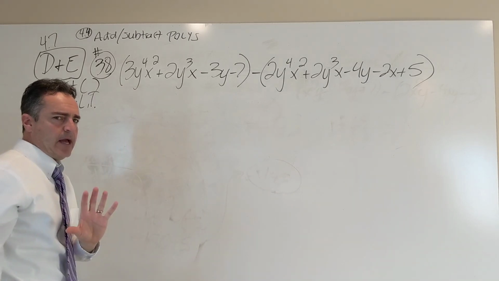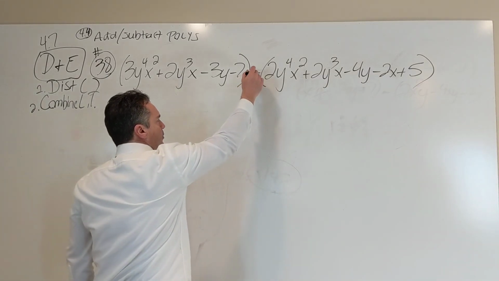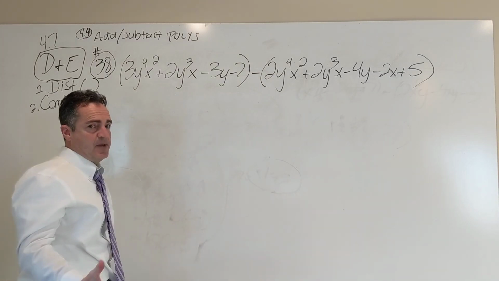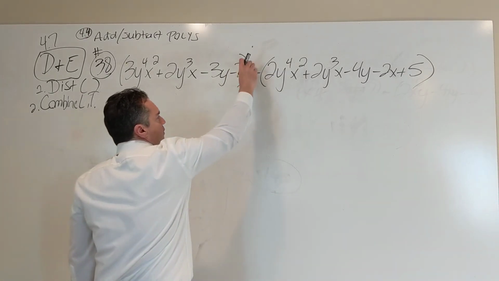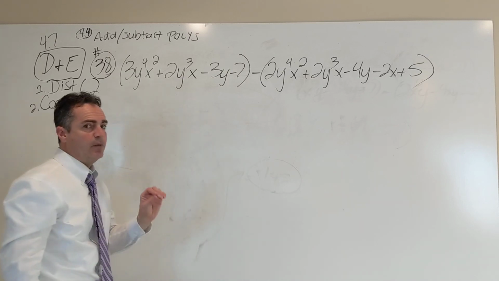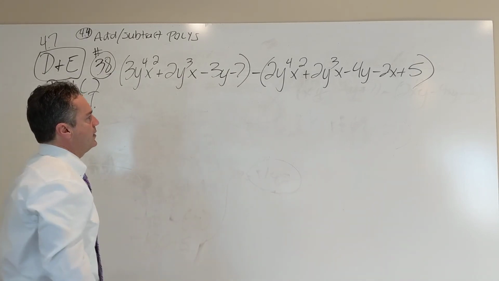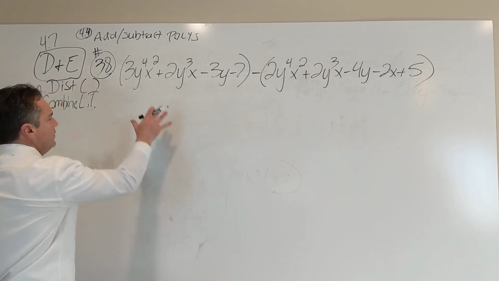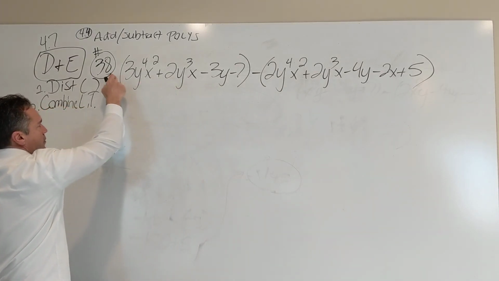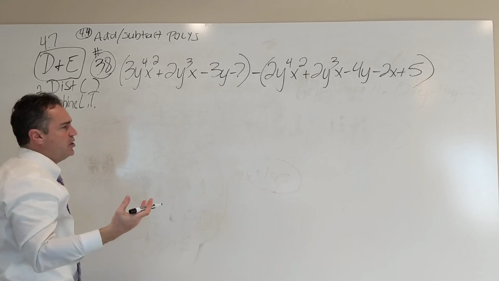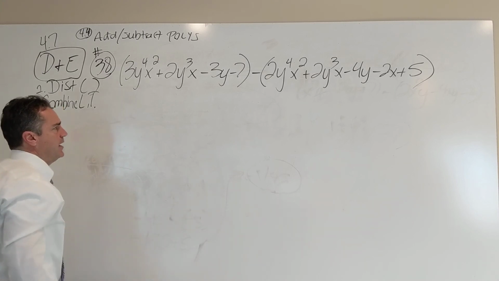Okay? I want to ask you something really quick here. If this was a plus here, we would just be adding them. If there was nothing written in between, they're tightened up a little bit, we'd be multiplying them. But in this instance here, we are subtracting these. Do we need this first parentheses? Is there a distributor here? Distributor is just 1, so we can really get rid of that parentheses in essence.